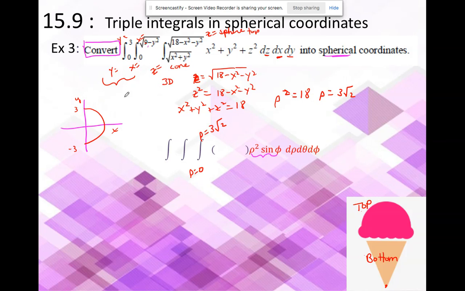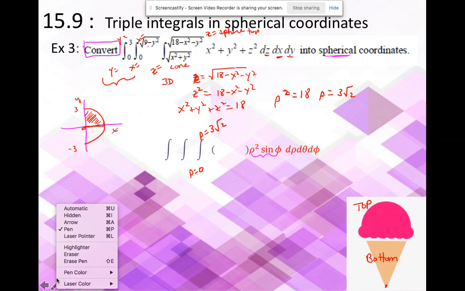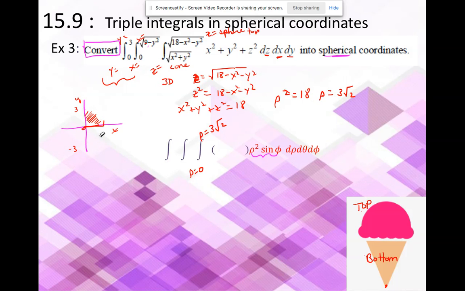But wait a second, look at y. Y is only going from 0 to 3. So this is the only portion that I care about. So can you represent that with my theta and my phi?